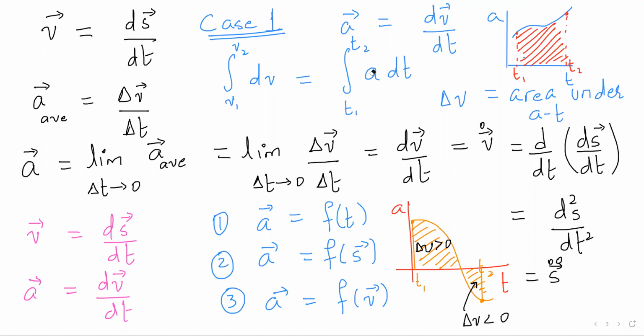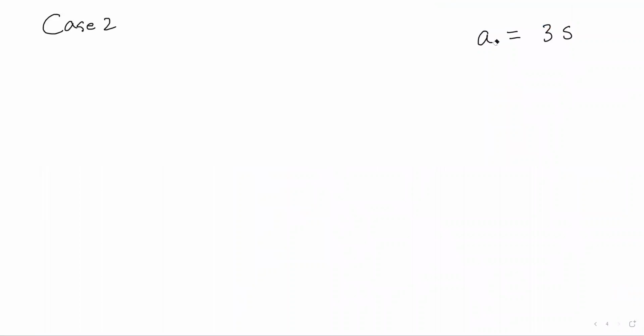Stop. Can you integrate 3 multiplied by s dt? I don't think so, because you cannot proceed. There is a time sitting here and there is a position sitting here. The only way you can proceed is if there is acceleration as a function of time. So you will remain stuck. You cannot do anything. So you have to develop different methods to crack them.